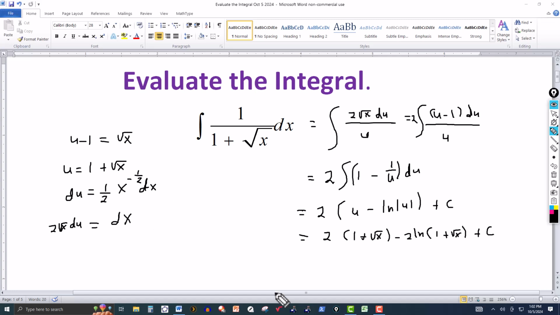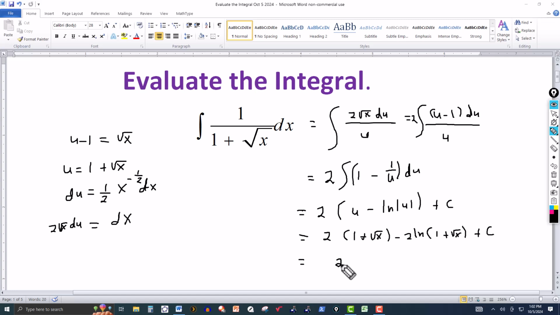Now you might see this written another way also. In other words, if I multiply through this parentheses by 2, this will be 2 times 1, so I'll have a plus 2 here. But see, this is a constant. So you might also see the answer this way.